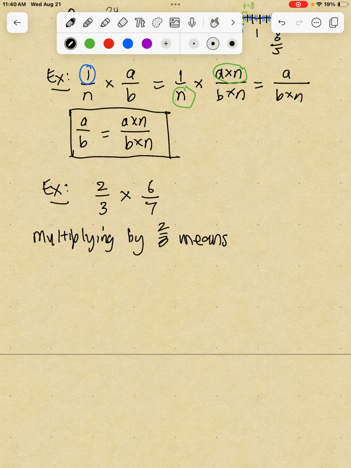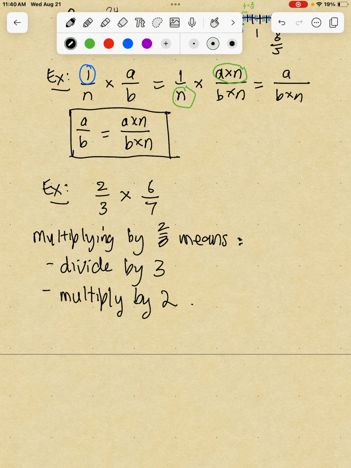Well, what this means is that to multiply by 2/3 means first divide by 3 and then multiply by 2. That's what multiplying by 2 over 3 means. So 1/3 times 6/7 would be what you get when you take 6/7 and divide that by 3. 2/3 times 6/7 means what you get when you take 6/7, divide by 3, and then multiply that by 2.